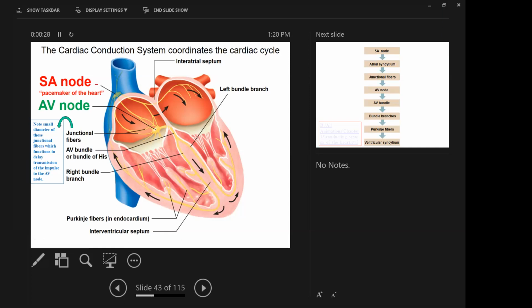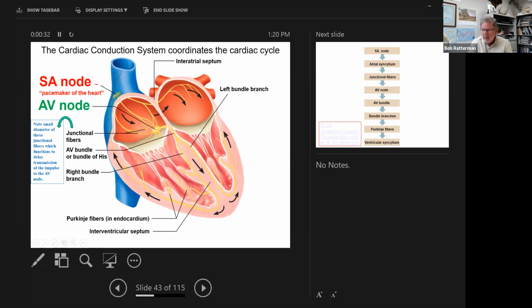Yeah. Okay. So if we look in the upper superior portion of the right atrium, we have a little piece of tissue that is part cardiac muscle and part nerve tissue. And it's called the sinoatrial node, or SA for short.